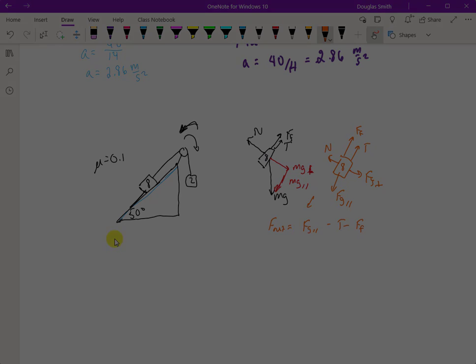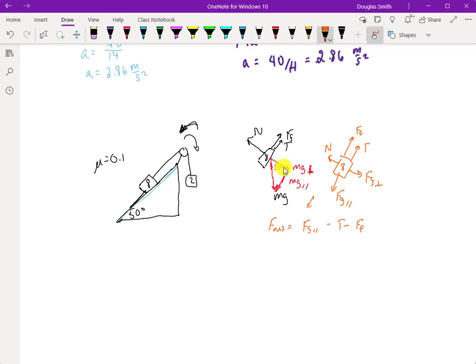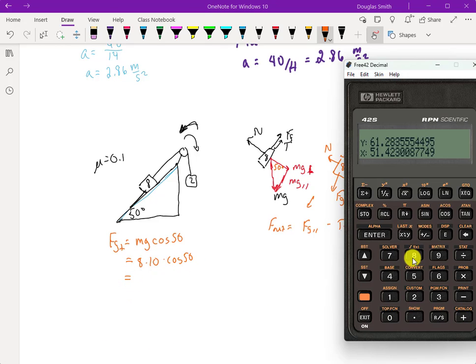So let's do that. Okay, so this is the 50 degrees. So we have FG perpendicular is equal to mg cos 50. I'm going to use 10 for g again. So we got 80 times cos 50. So that's 51.42.